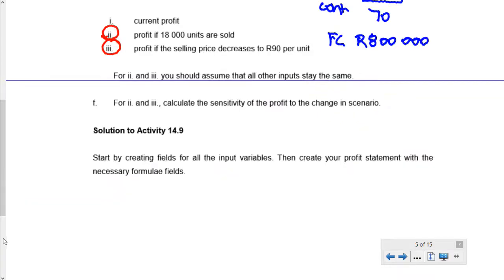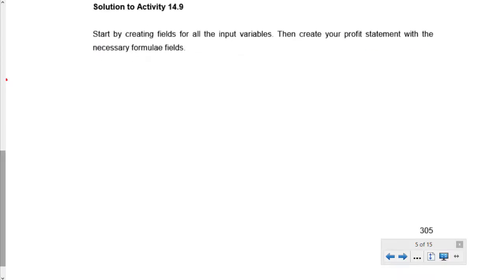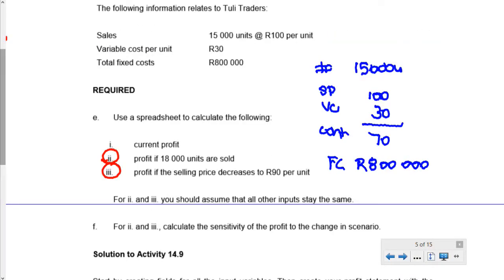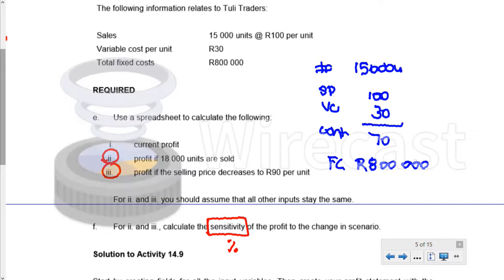What is the sensitivity? In other words, the percentages. When we're looking at sensitivity, we're looking at percentages. It's asking you what is the percentage of the change. What happens to profit when we change to 18,000? What happens to profit when selling price reduces to 90? Yeah. So that's an example of a sensitivity question.